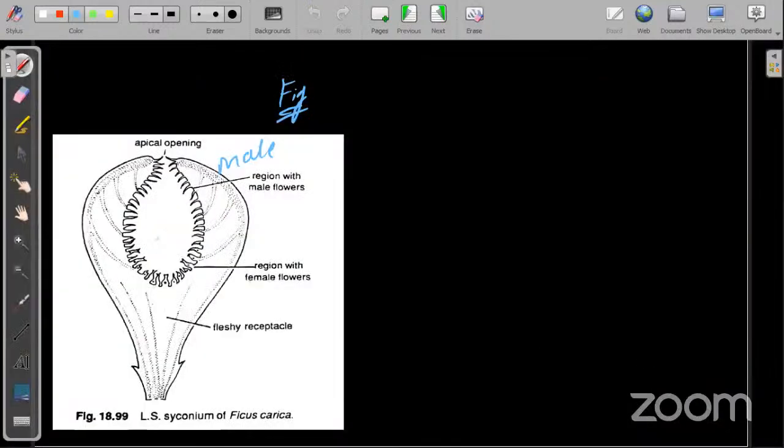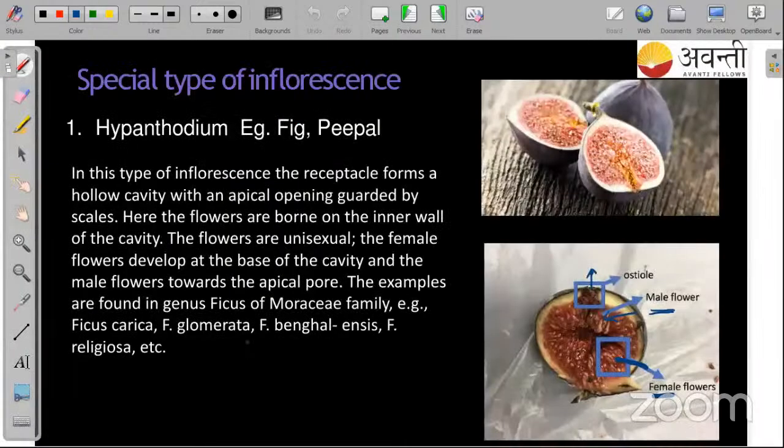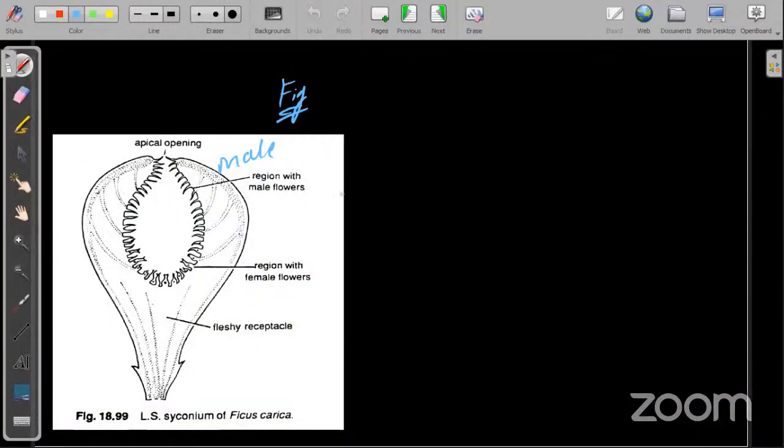Coming to this diagram, here female flowers develop and here male flowers develop. And this is the fleshy receptacle. This is the best example, and the example is a fig. Please remember it. That is known as the hypanthodium. Okay, so coming to the next.